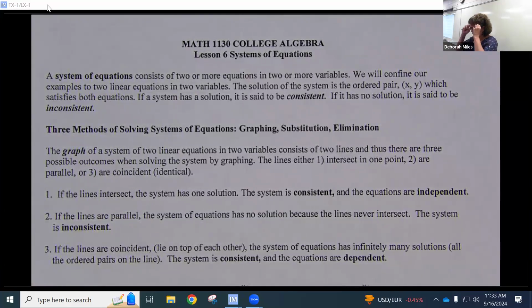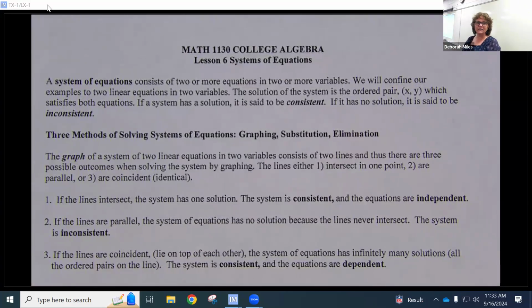We're only going to deal with 2 equations and 2 variables. The solution set is an ordered pair, x and y, which satisfies both equations. If a system has a solution, we say it's consistent. Consistent just means has a solution. Inconsistent means has no solution. So make sure you understand those 2 words.